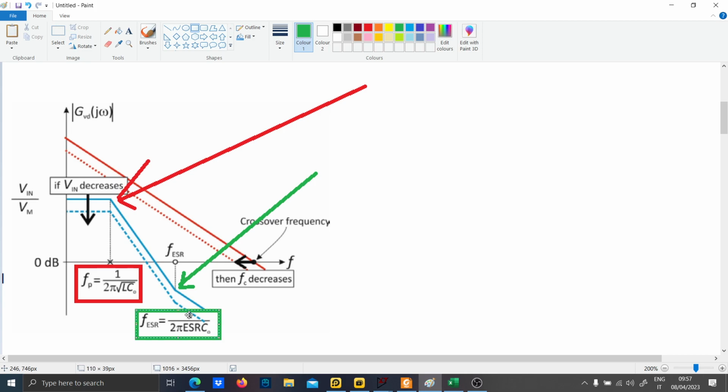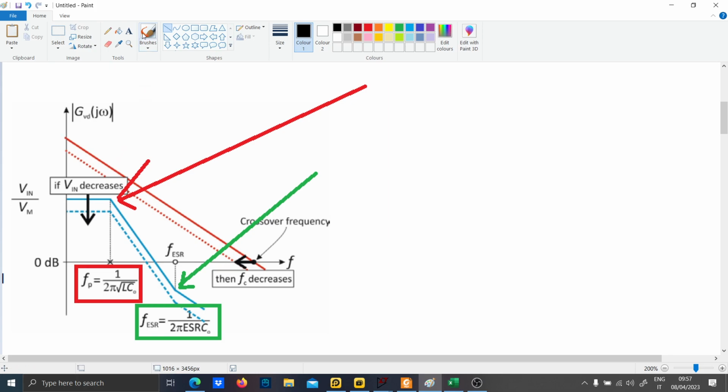In order to create any compensator in a DC-DC converter, you should always put an infinite gain, like an integrator, ideally, because you want the DC gain to be basically infinite.